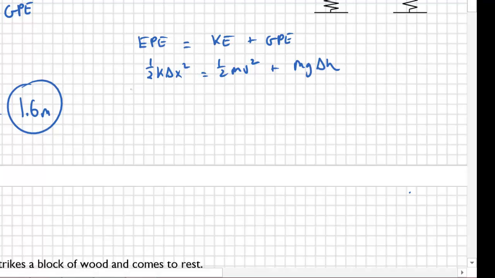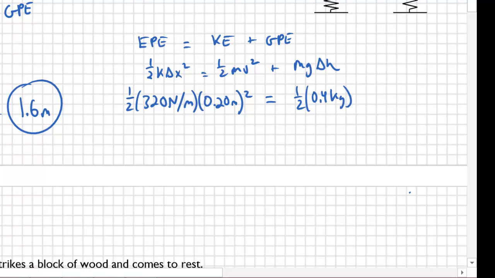And so I'm just going to go through and start plugging in numbers. 1/2 K was 320 newtons per meter times delta X squared, 0.20 meters, that's squared. And that's all equal to 1/2 my mass, which was 0.4 kilograms, times v squared.